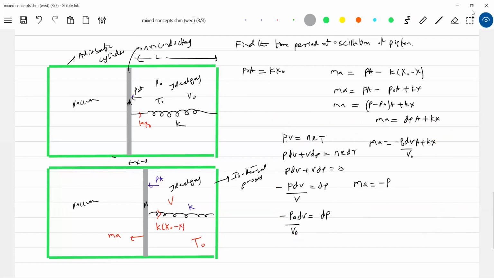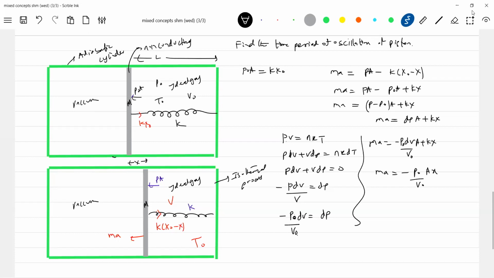All of you try to see this one. What is P? That was the initial pressure, no? So P naught. What was the initial volume? It was V naught. The pressures are going to change, so therefore in PV, we should write P naught, V naught. So Ma equal to P naught V naught. What is dV? dV should be equal to A into x.